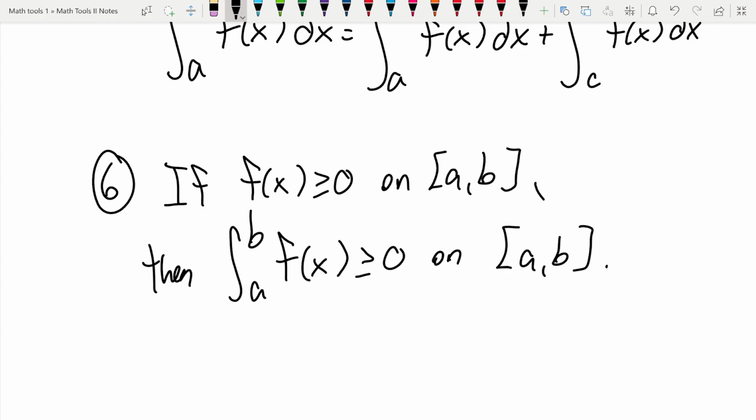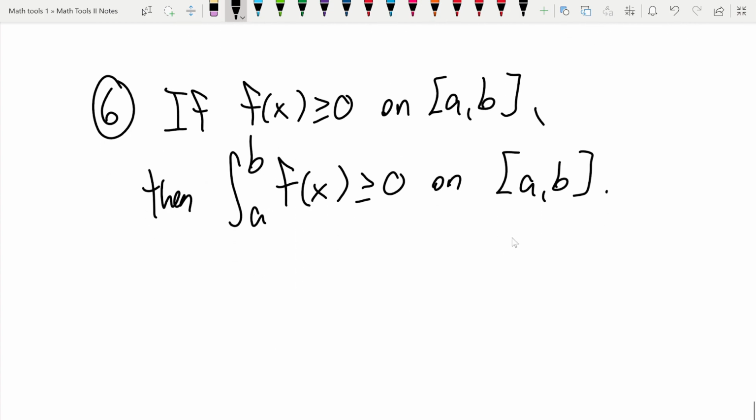This should make sense naturally. If your function is always positive, then you're above the x-axis, so your area is positive. That's assuming your limits of integration go from the smaller one to the larger one, which is what this interval notation implies.